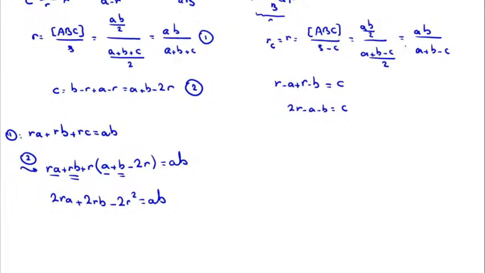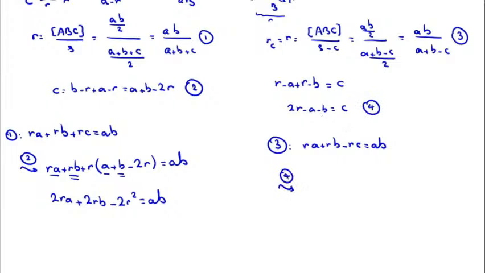Let's also analyze this part. Let's call this one 3. If we cross multiply 3, it will be RA plus RB minus RC equals AB. And then we can replace C here with 4.